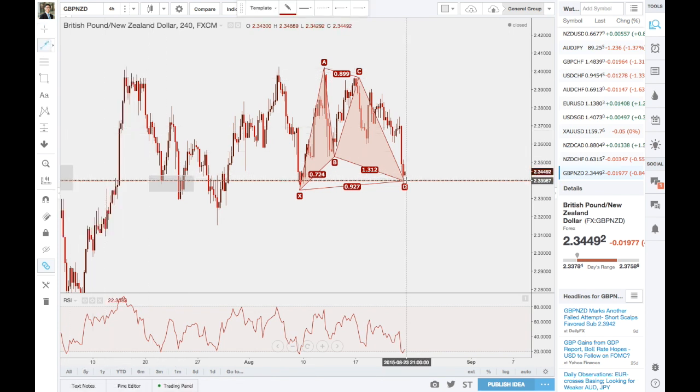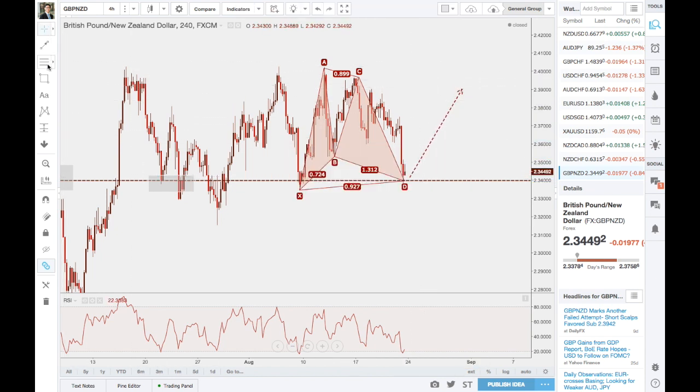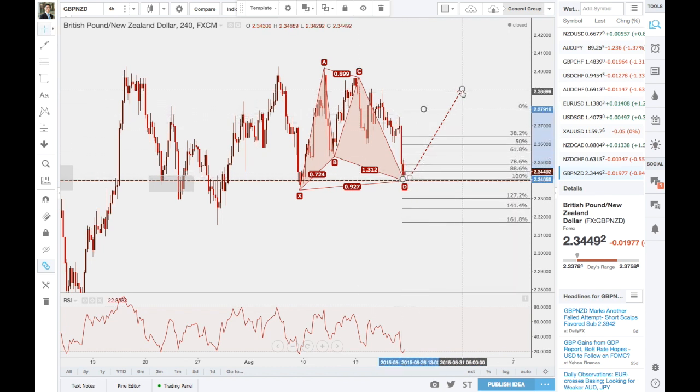for example, if price reacts to this level and bounces up, let's assume it bounces up. What we'll be doing is using a Fibonacci retracement, assuming that the first bounce up is over here. Let's assume lower.